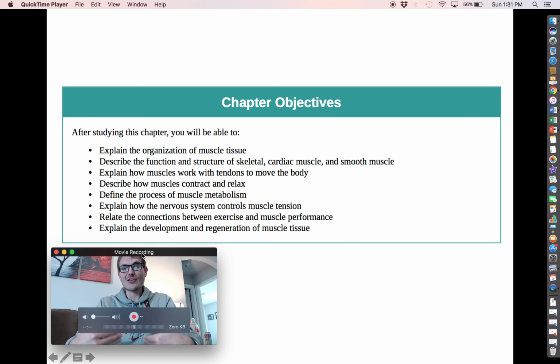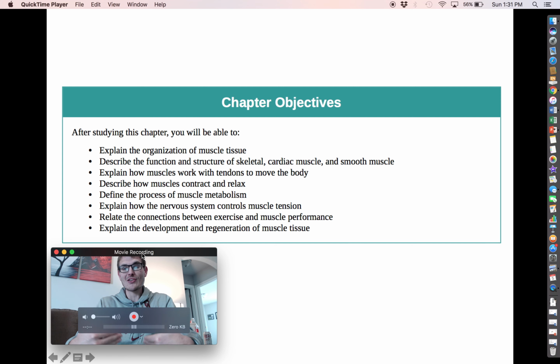Whether it's skeletal muscle, smooth muscle, or cardiac muscle, these cells are excitable in exactly the same way that neurons were excitable. They've got a resting membrane potential, and they are capable of opening ion channels in response to a physiological stimulus in order to change that membrane potential so that they can produce an action potential. So almost exactly the same thing that we saw with neurons. So let me get this out of the way so that you can see that.